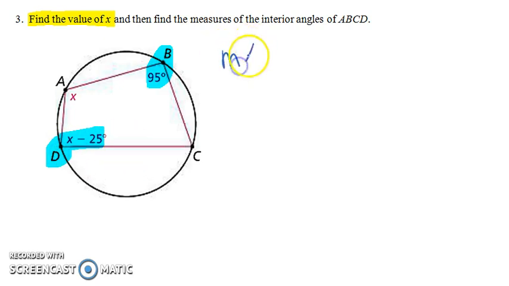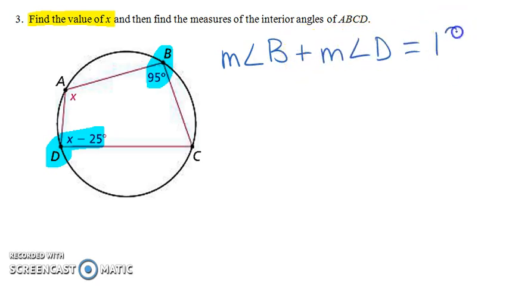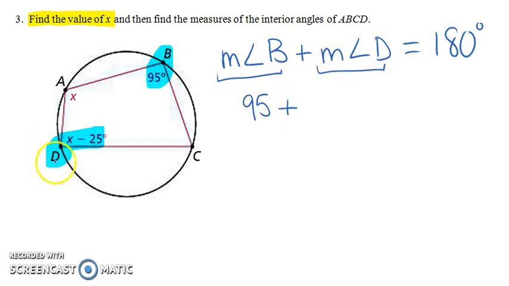So I know that the measurement of angle B added to the measurement of angle D should give me 180 degrees. And this is the relationship and equation I'm going to use to help me find the value of x. So the measurement of angle B is 95 degrees, plus the measurement of angle D, which is x minus 25 degrees, is equal to 180. This is my equation that's going to help me solve x.